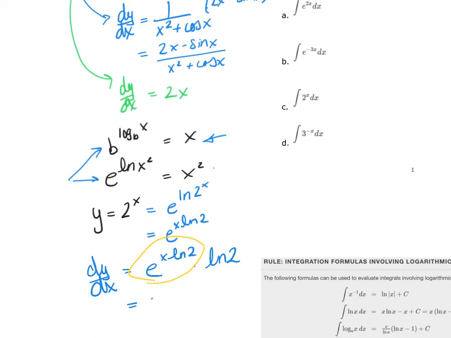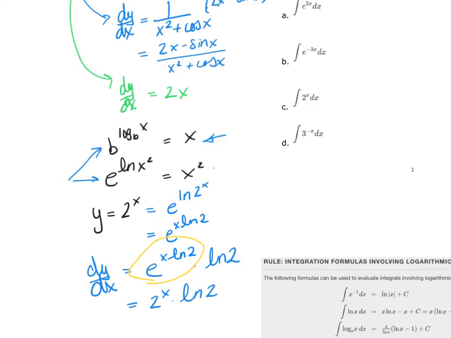So this is going to just be 2 to the x multiplied by the natural log of 2. So when we see that pattern, 2 to the x times the natural log of 2, or 3 to the x times the natural log of 3 as the derivative, that means when I do the antiderivative of it, it must have been 2 to the x that I started out with.